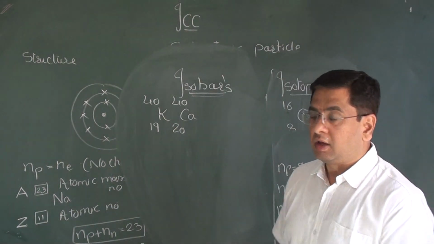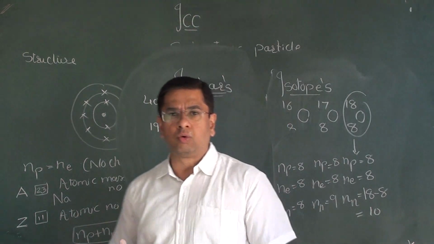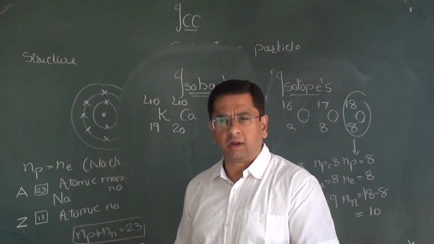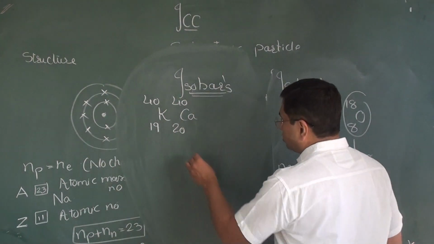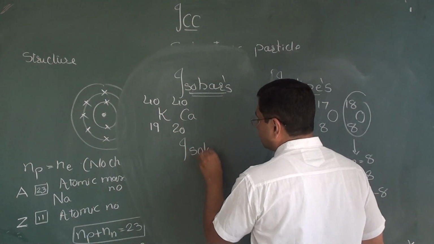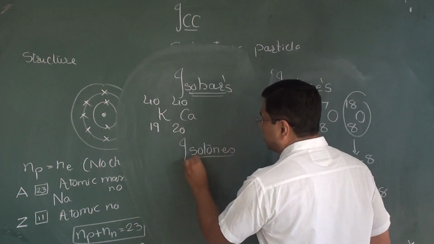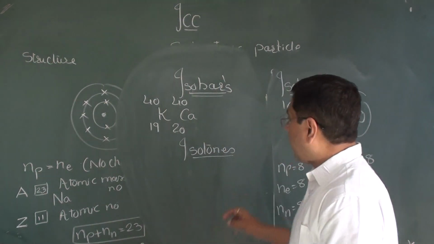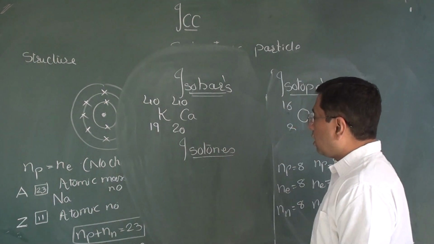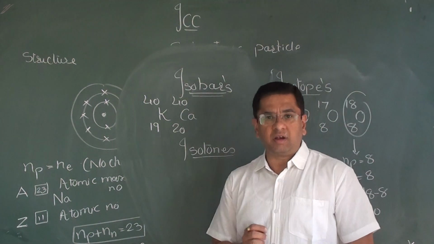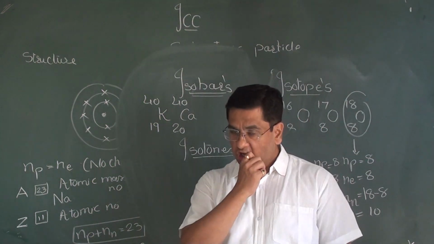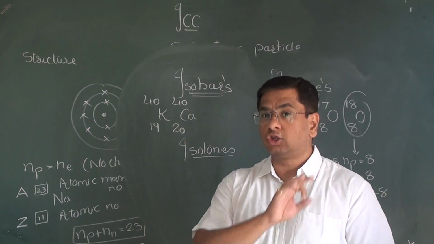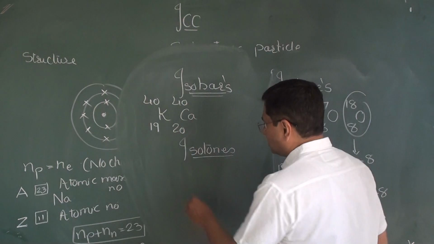There is another term. Now, I am giving you some questions so that you can go back and try them out from the internet, wherever you can. First question, what do you mean by isotones? We'll start our next lecture possibly with the help of this. Second question, is there any element in the periodic table which has no neutron in the nucleus?